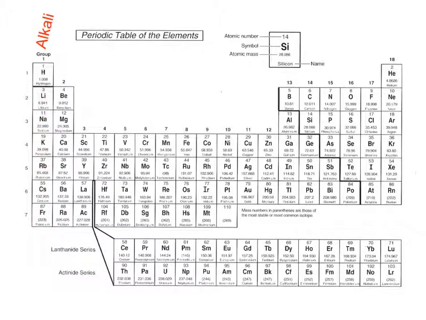Another hint that you may notice already is that the elements that are located in the same column share similar chemical properties. So if you are looking, for instance, at nitrogen right here, and you want to find an element that has similar chemical properties as nitrogen, you need to look at the same column.